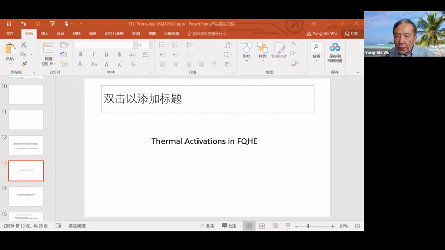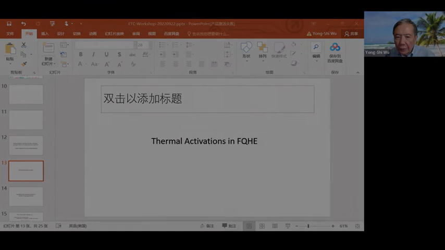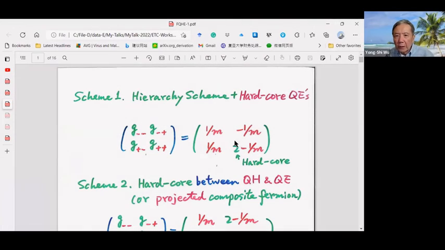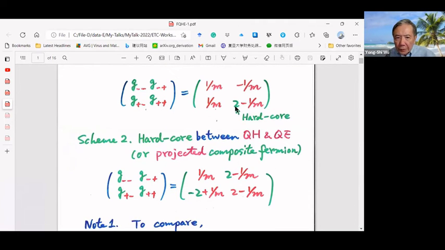Okay, it's the existence of the mutual statistics. This scheme one is Haldane, with these matrices. And the third one is the Jain scheme, okay?